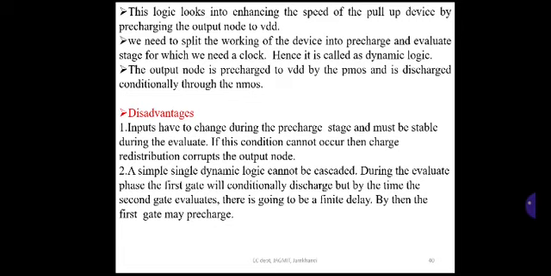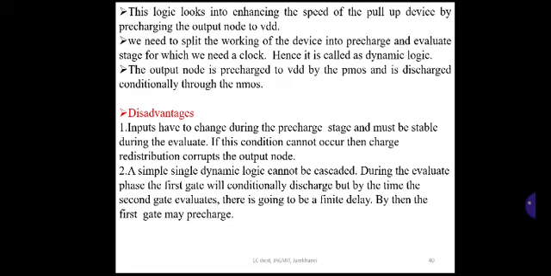It is not allowed to change the input whenever the clock is equal to 1. Thus, the static CMOS is made dynamic by the inclusion of the additional signal. This circuit does not have static power dissipation.